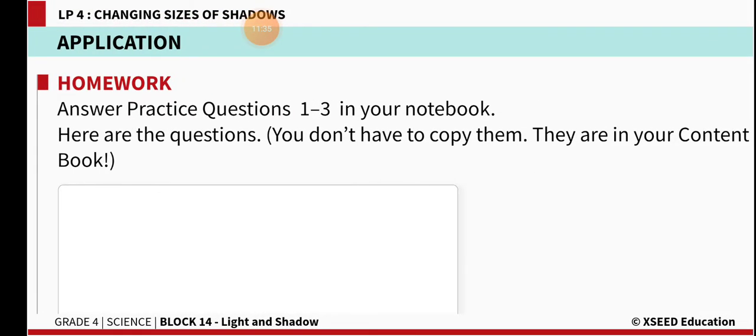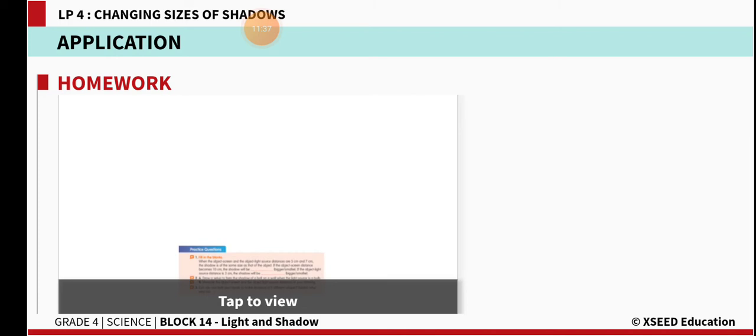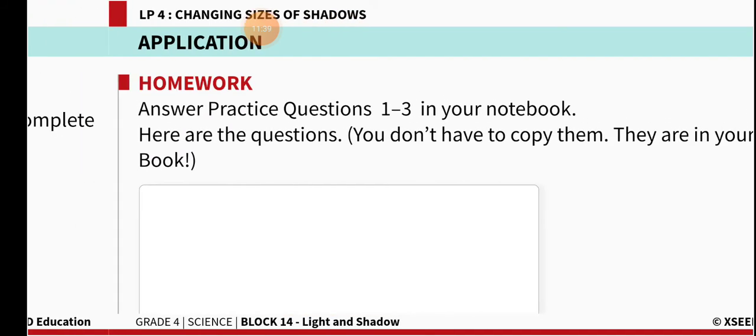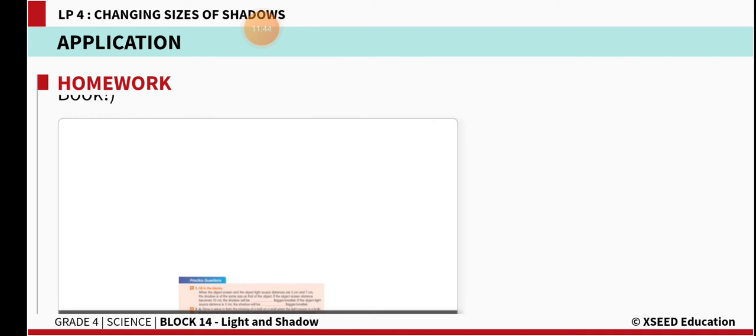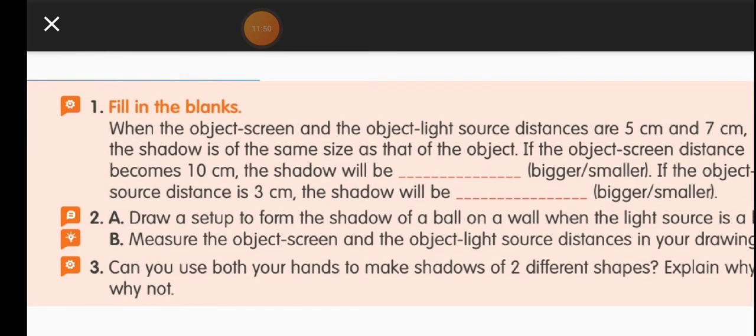And now, before moving on to the practice questions, nicely read the content book about shadows, which is given in your content book. Read each and every point of it and then come to the practice questions.